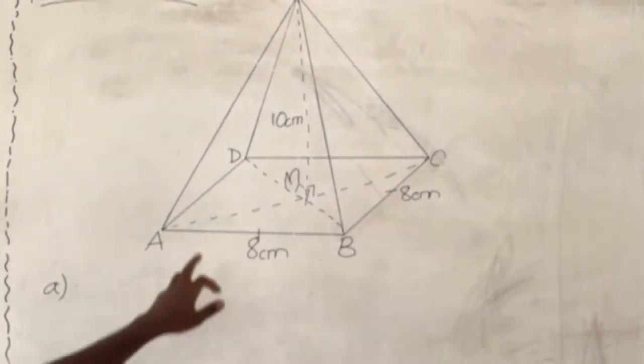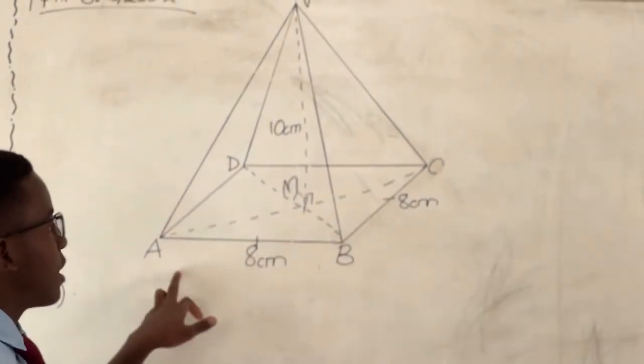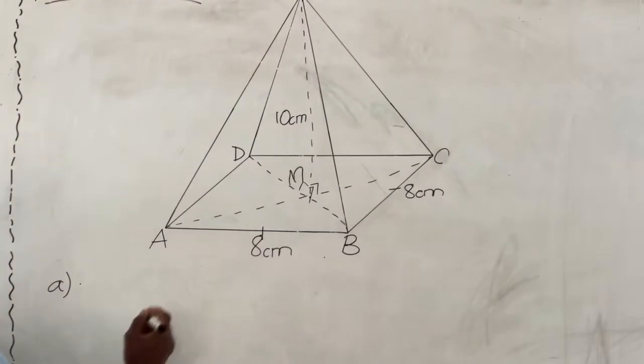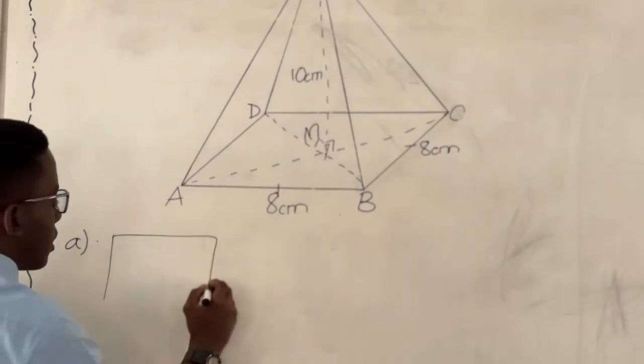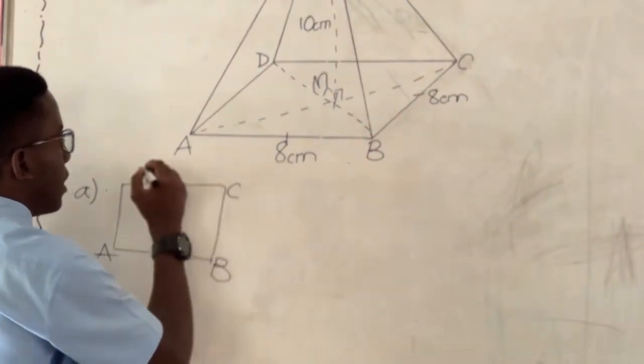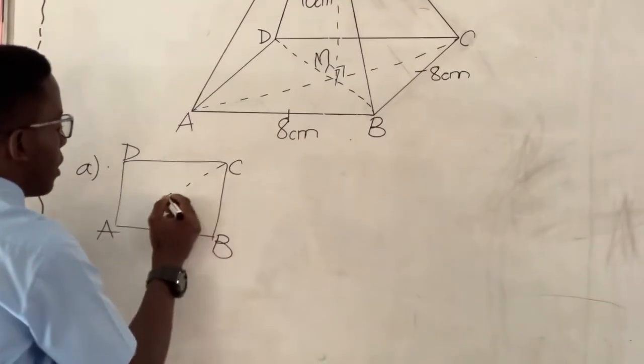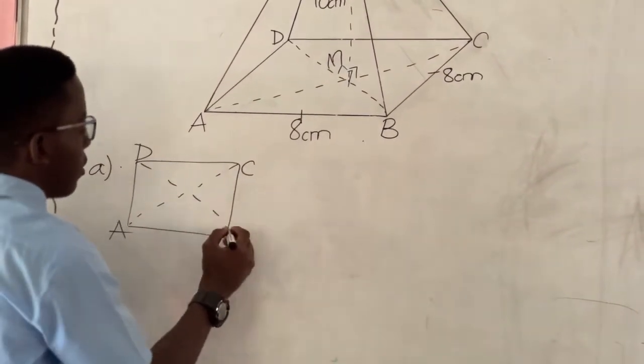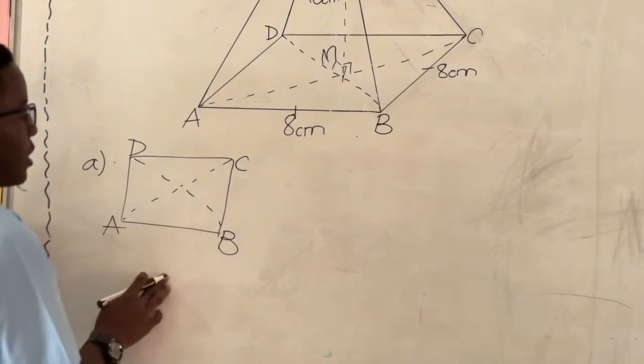Now length SC can be got. We first draw our square base, A, B, C, and D. We draw diagonals, and they meet at a certain point.